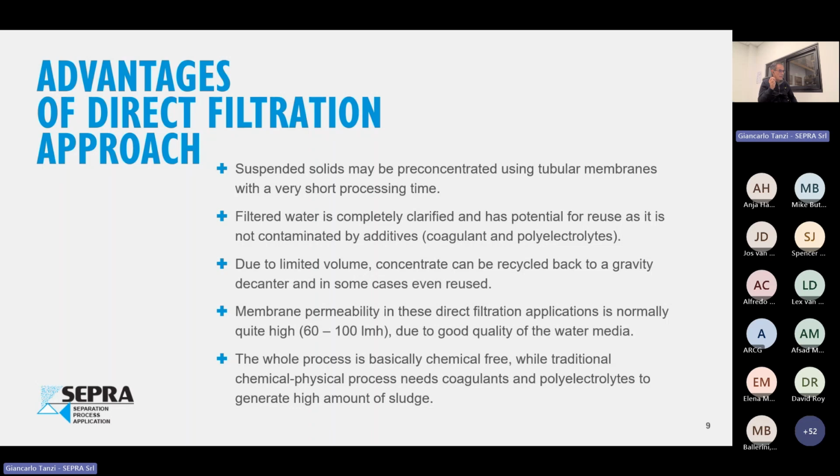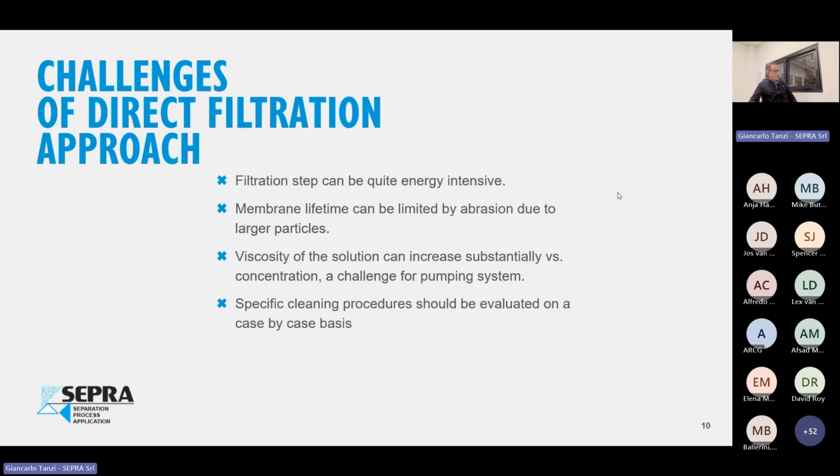We have seen in this filtration application permeability quite high, somehow similar to pure water permeability. And this impacts both CAPEX and OPEX, because the system is smaller, and also the energy consumption is less. Everything is fine.